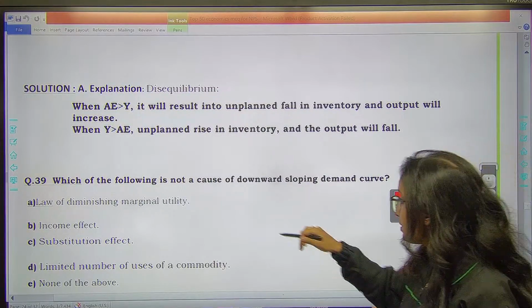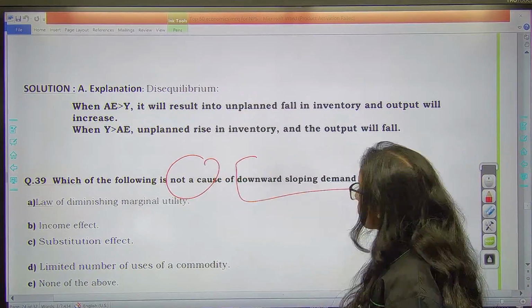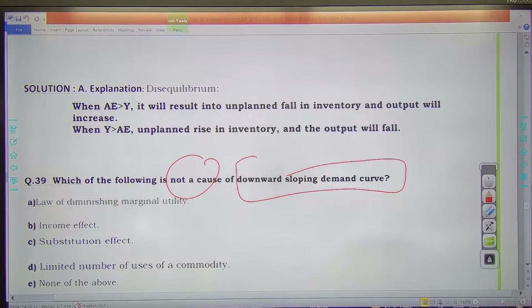Which of the following is not a cause of downward sloping demand curve?